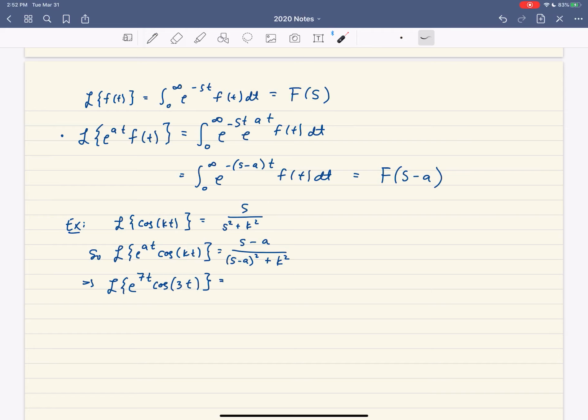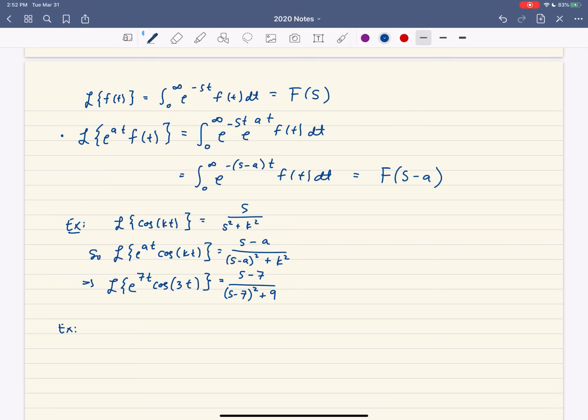Well, that's going to be s over s squared plus 3 squared, so that's s over s squared plus 9. And what we're going to do is replace all the s's by s minus 7. So it's going to be s minus 7 over s minus 7 squared plus 3 squared. And so that's the Laplace transform of e to the 7t cosine of 3t. Okay, so that's how that works in practice.